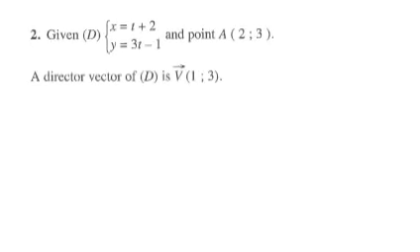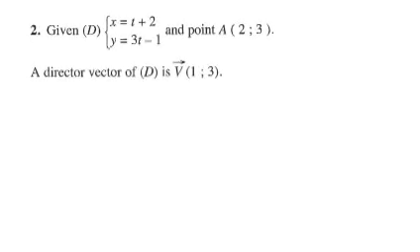And now what if I have a parametric equation and a point A, and we are asked to find the equation of a straight line passing through A and parallel to D?